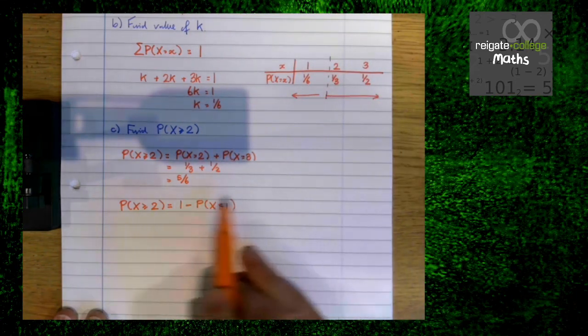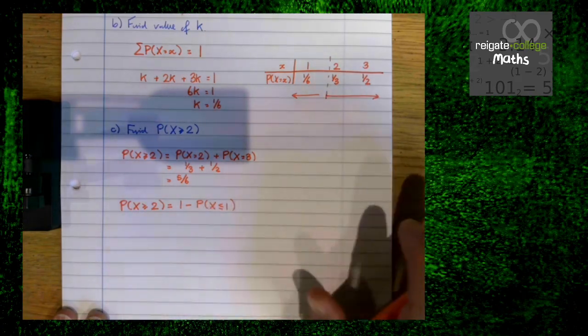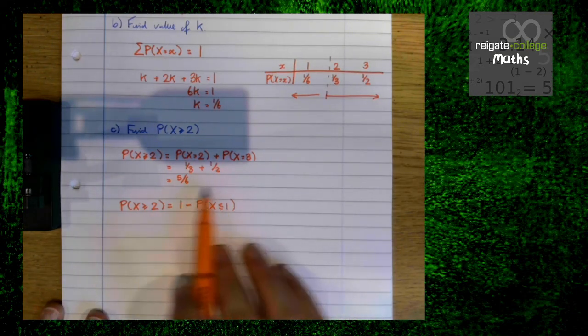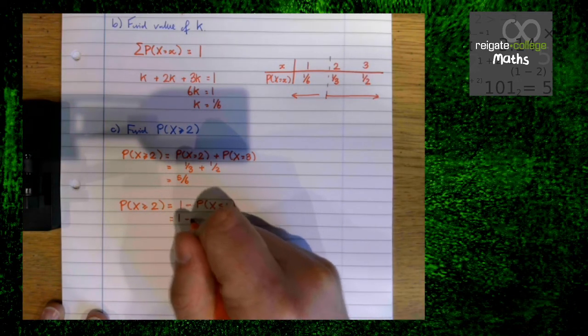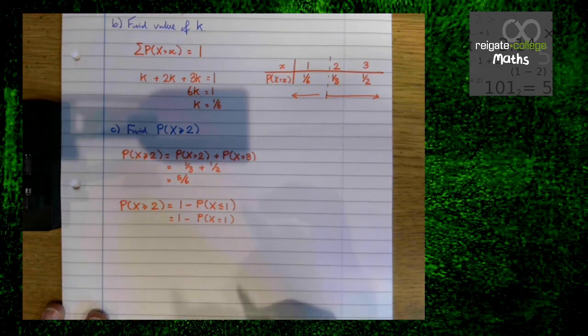Now this is obviously a weird way to write this for this example. But in the next video, when we are looking at a specific discrete random variable, this is a very useful idea. For this example though, it's very straightforward. There is only one value less than or equal to 1, and that is 1.